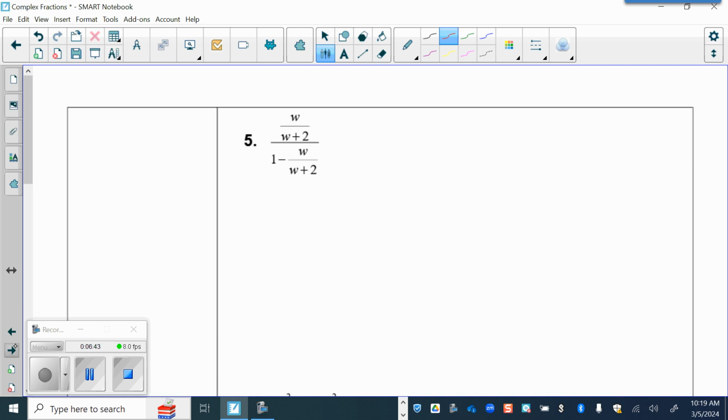All right, now let's make life a little harder. I have a single fraction for my numerator. That is beautiful. But my denominator, I have 2 fractions. 1 minus something. All right, my least common denominator is going to be the w plus 2. So I need to multiply this by w plus 2 over w plus 2. I still have w over w plus 2 divided by, but now I have w plus 2 minus w over w plus 2.